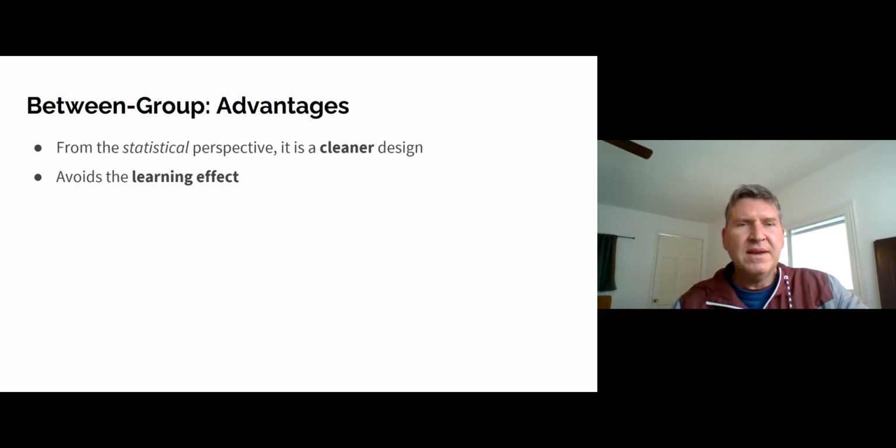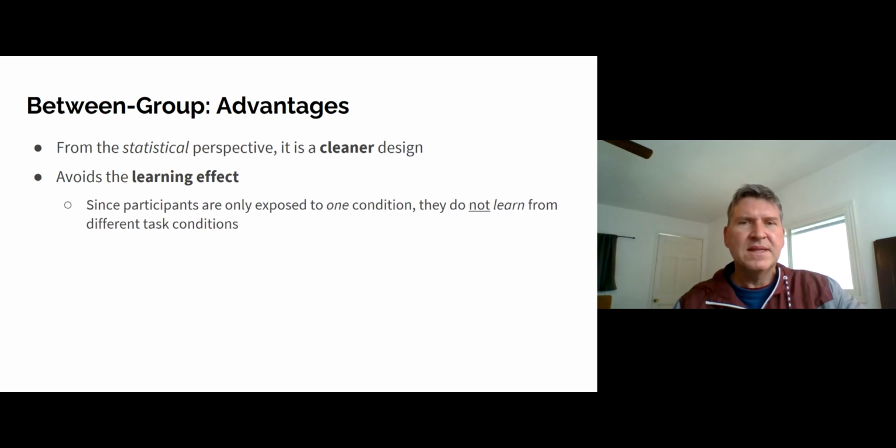Let me illustrate. If I'm typing a 500-word document, the second time I type that document, I'm going to be better at it than the first time. And the third time, I'm going to be better at it than the second time. Since we're only exposed to one condition in the between group, we don't have to worry about them typing the document 3 times, so they're not learning from previous attempts at the task.